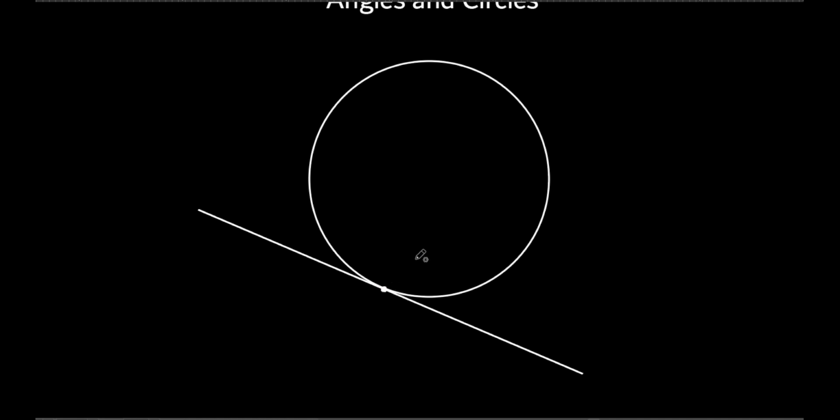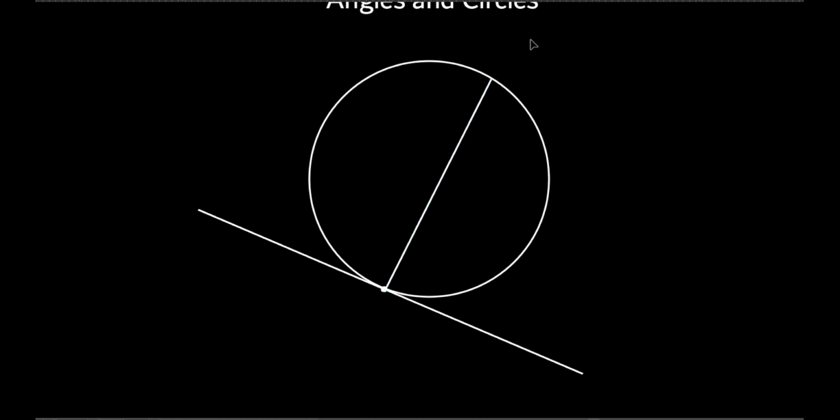It says the measure of an angle formed by a tangent and a secant. So I'm just going to take the secant from that point. I'm not going to go all the way through. A secant could just go from one point on the circle to another point on the circle like this, and that's what I'm going to do.